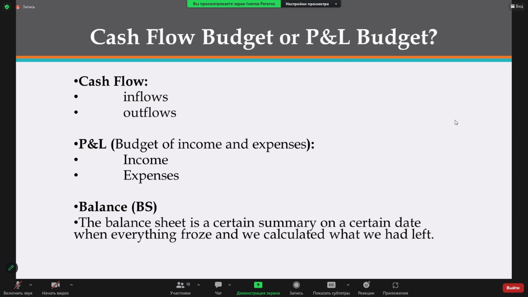Also, it will have information about different areas of your activity. It's about products, services, products of your own production, income from exchange rate differences, income from sales, or something like this. All of this will be in your P&L.